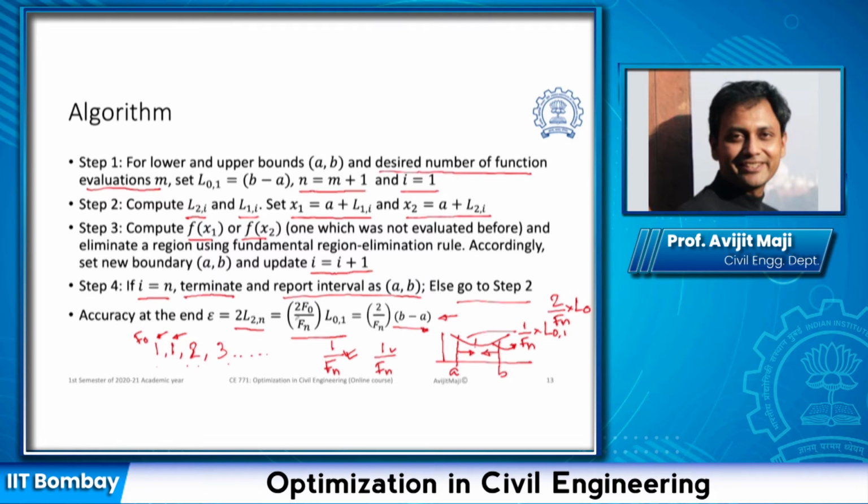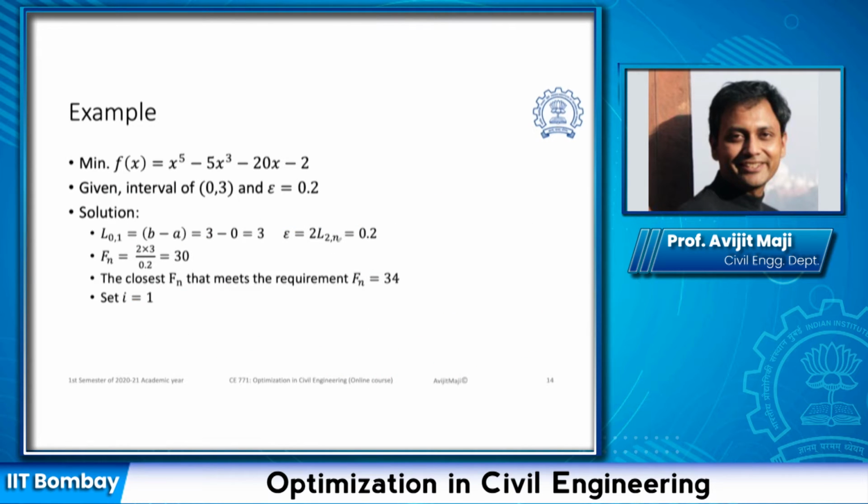It is going to be far more clear when we look into the example. So for the example, we are choosing the same function which we used in the previous interval halving method. It is the minimization of this particular function within the interval of 0 and 3 with a precision of 0.2.